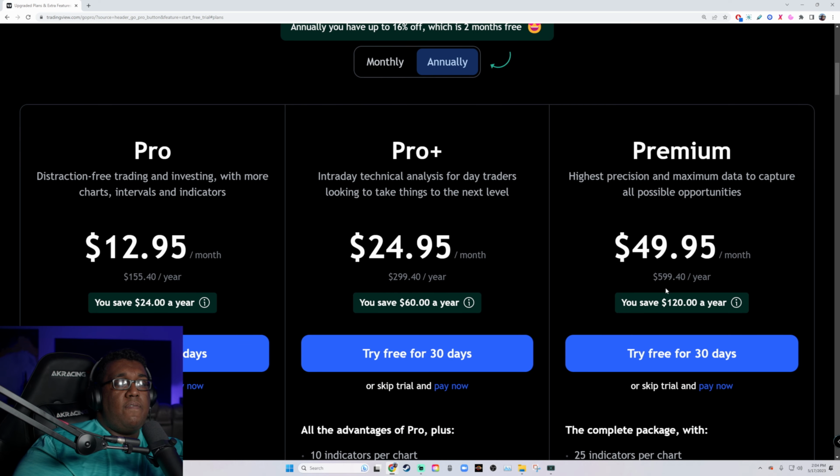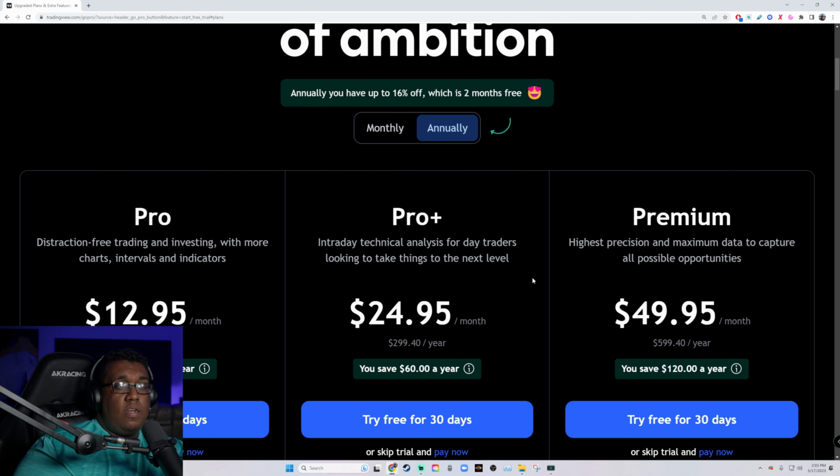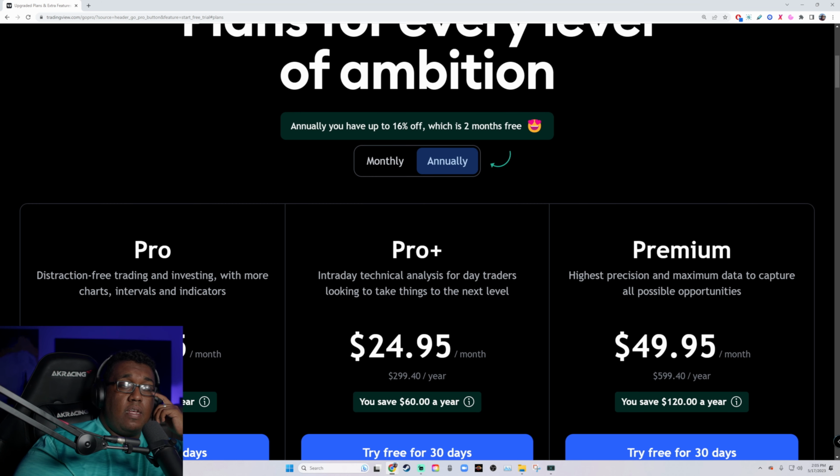So instead of paying $599 a year, about $600, you're probably only going to be paying like $200 to $300. It is a massive savings. So I would say pay monthly until you get to the yearly plan that comes around on a massive discount on Black Friday. That's going to be the golden opportunity for you to save money. Don't buy annually until you hit that point.